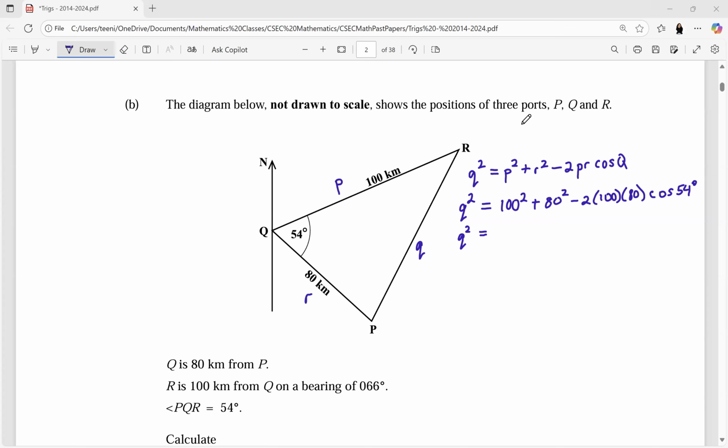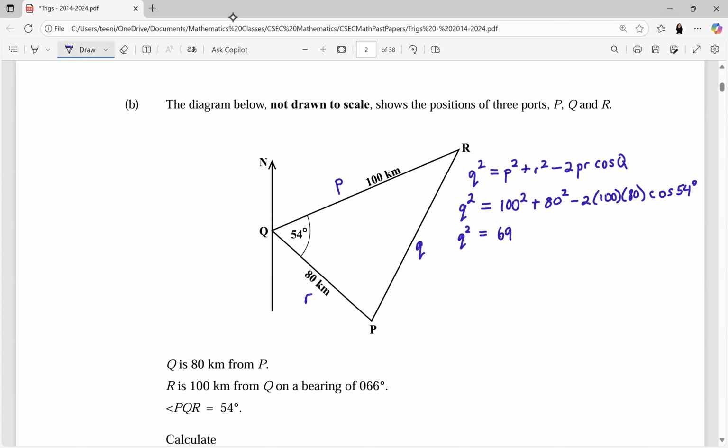Tristan, what did you get? Tristan, are you there? I get 6,995.43596. Yeah. What was the mistake you made? I don't know, I just typed over.